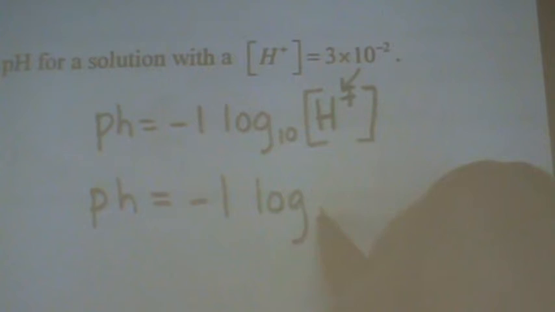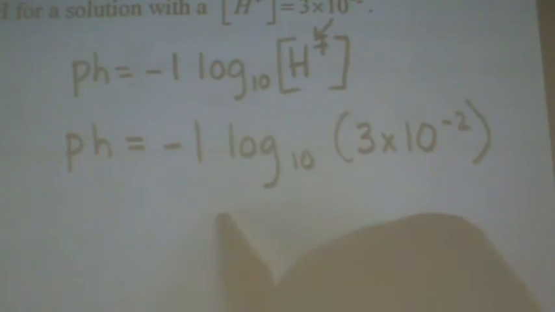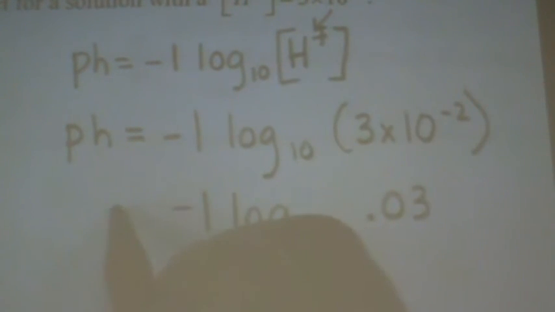Now, how do you do, what does 3 times 10 to the -2 power mean? What does this equal? You move the decimal 2 places over to the left, so 0.03, right? I want you to do this on your calculator and tell me what answer you get.